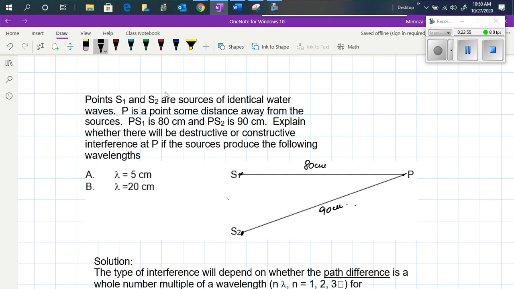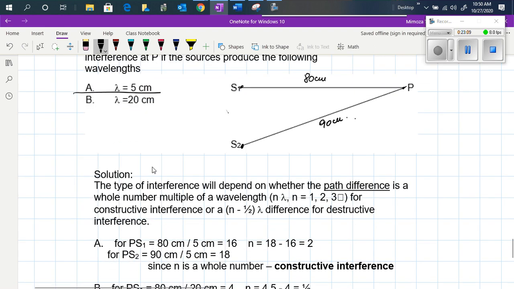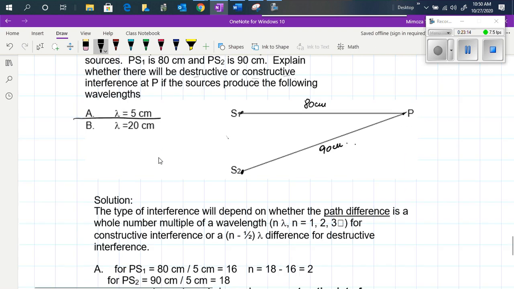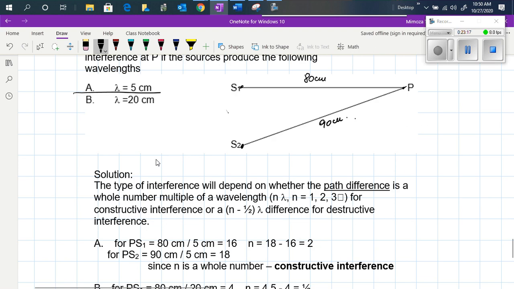Explain whether there will be constructive or destructive interference between the two waves in the case when the wavelength is 5 centimeters and when the wavelength is 20 centimeters. So keep in mind, the distance between P and S1 is 80 centimeters and between P and S2 is 90 centimeters.